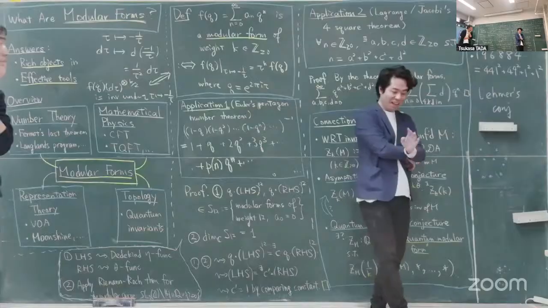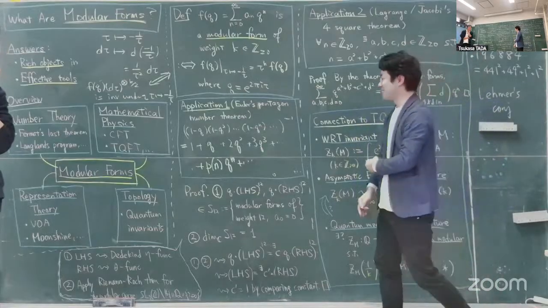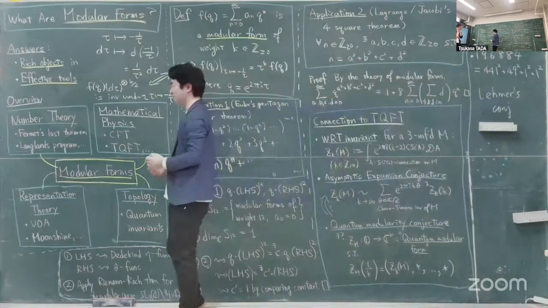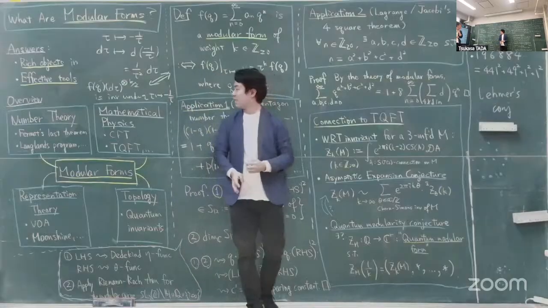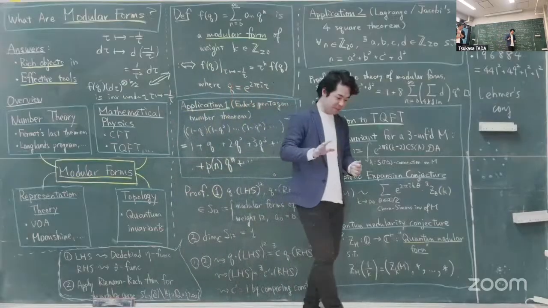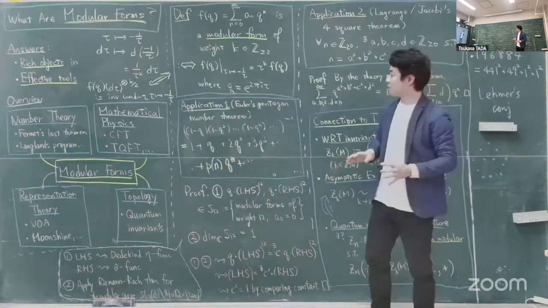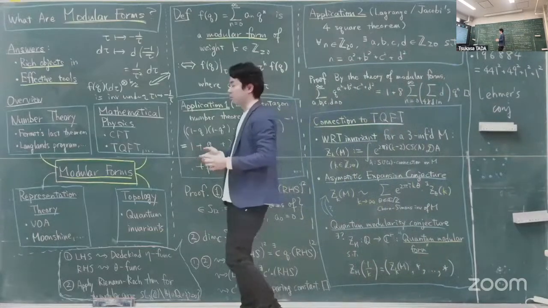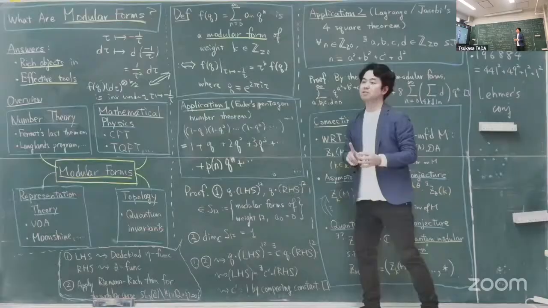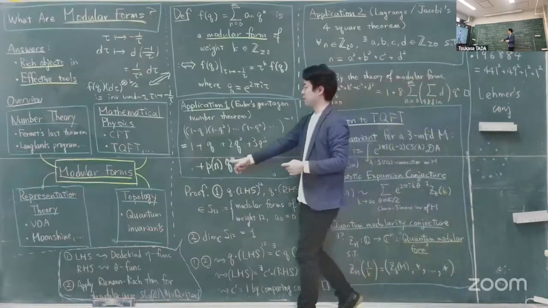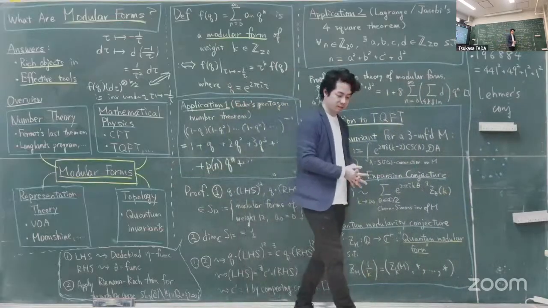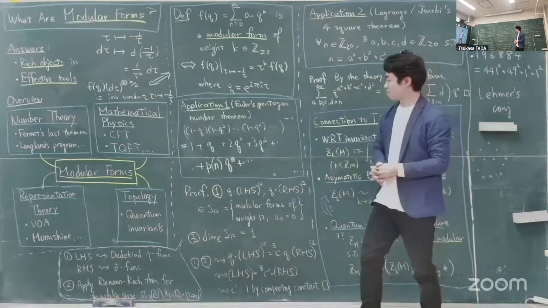I think I have no answer because this is one of the mysteries of modular forms. So, for example, in mathematical physics, modular forms naturally appear when we consider S transformation, S duality. That is one reason.